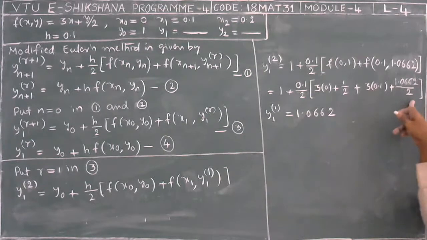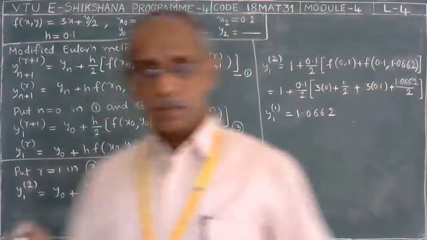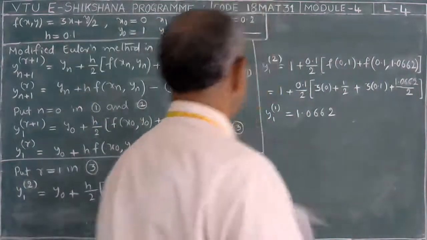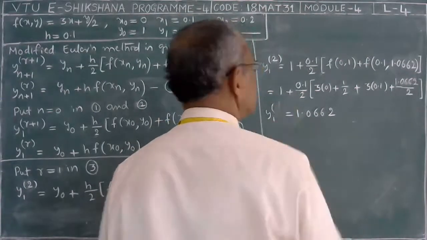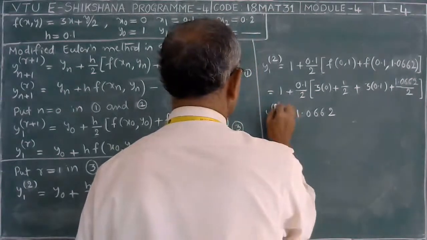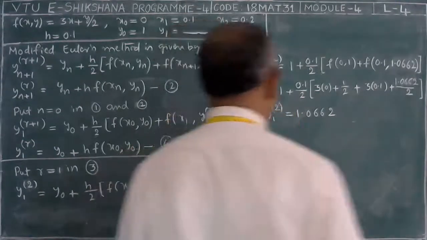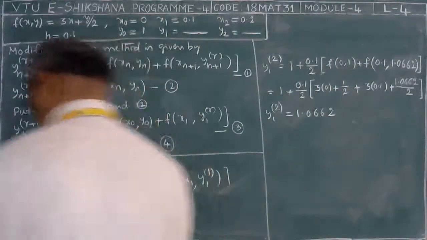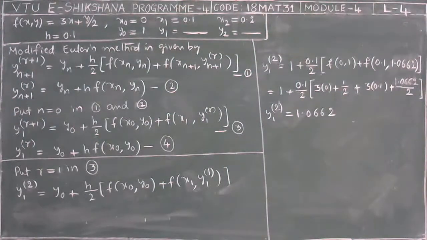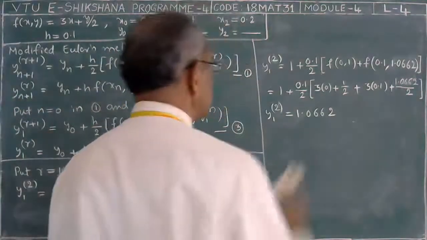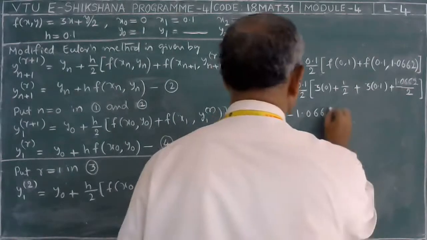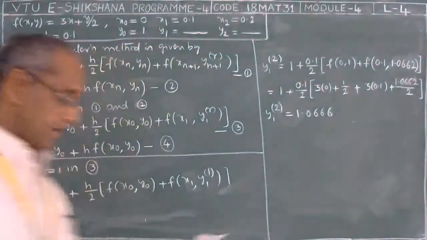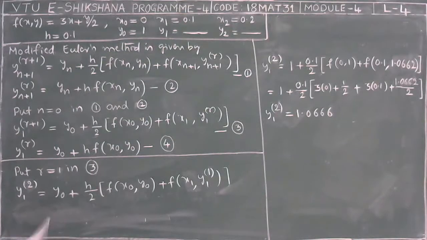If you carefully calculate, we get y12 is equal to 1.0666. So two iterations only, right?